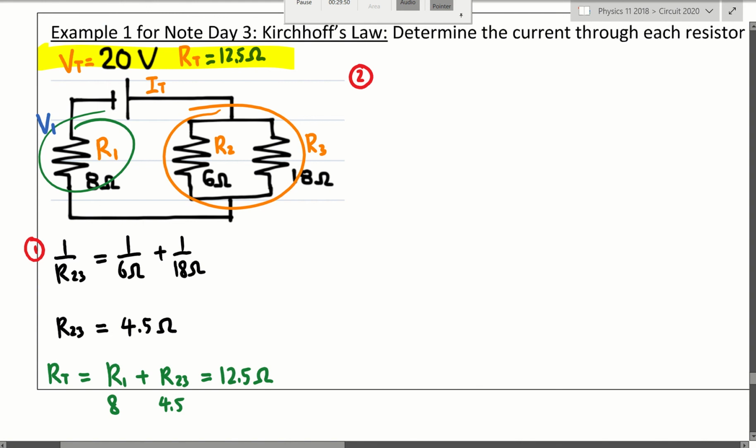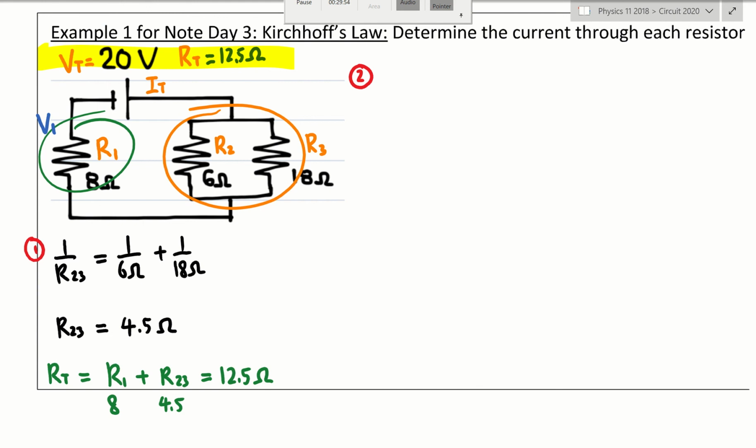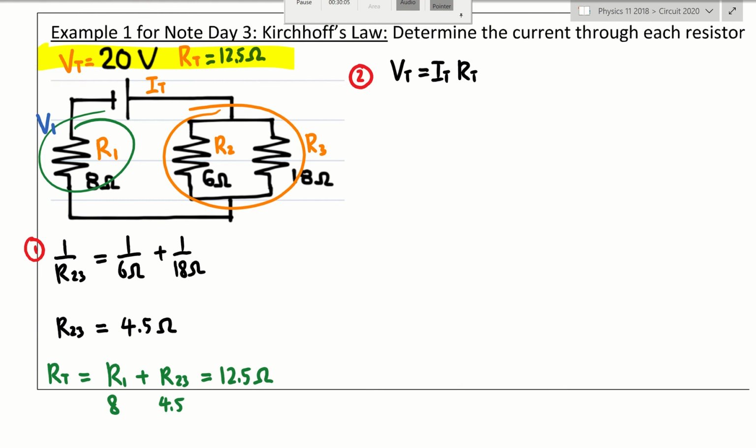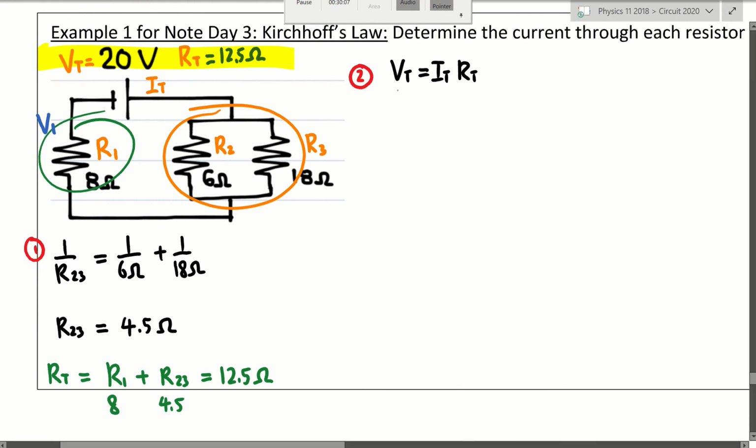So I can find the I total. Now, what will be the I total? It's going to be Ohm's law, V equals IR. So I total is pretty easy. What's the voltage drop?